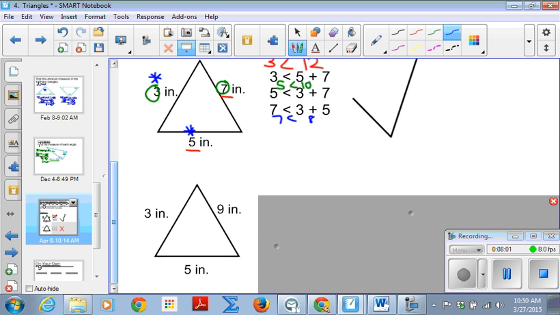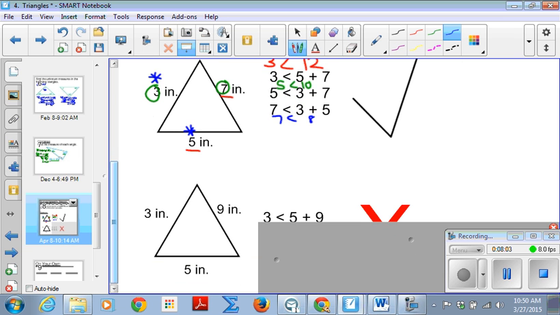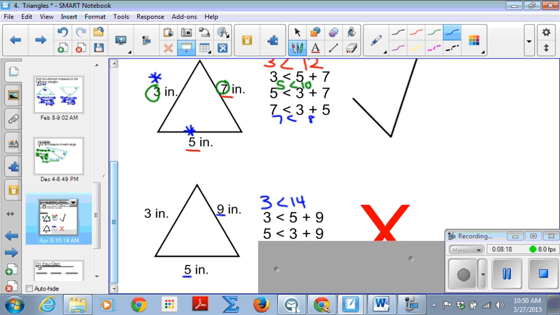Now we test this one. Okay, so start off with 9 plus 5, which is 14. The remaining side of 3 is less than 14. That one checks out. We can test now, let's say 3 and 9. 3 plus 9 is 12. 5 is less than 12.